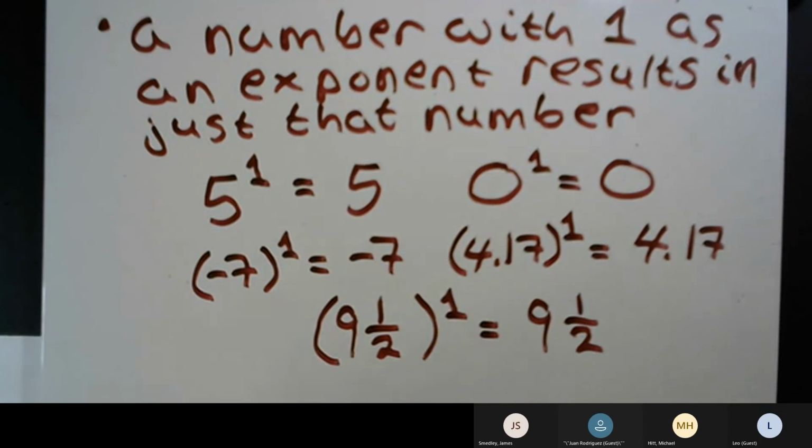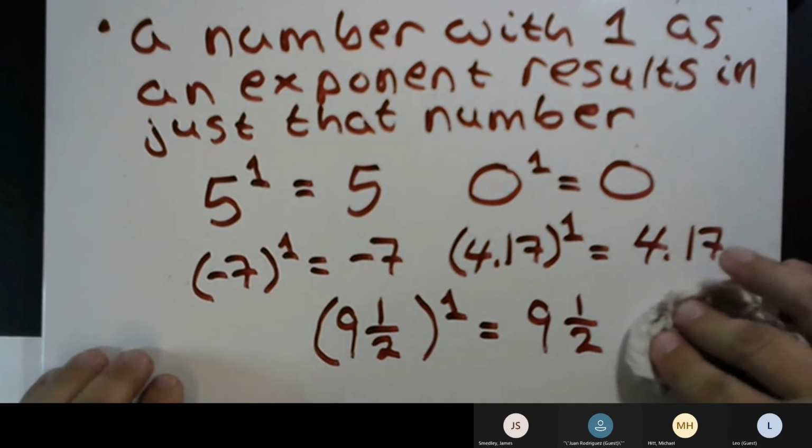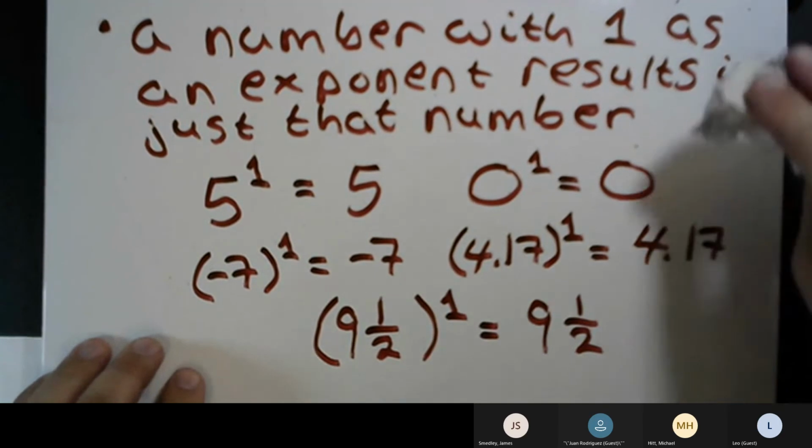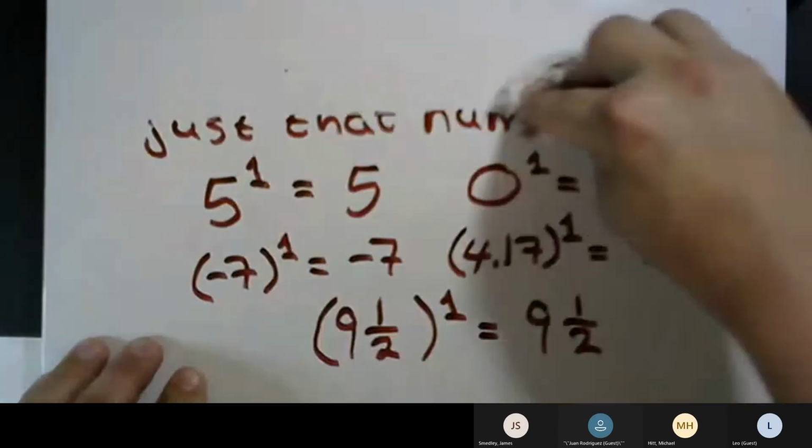Now, another property you get with exponents, and this is a peculiar one, I have to be kind of careful with it. It has to do with 0.